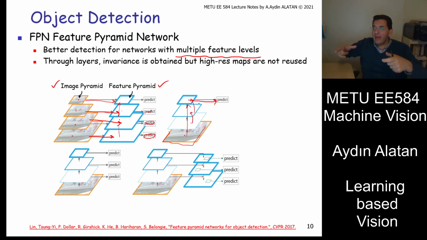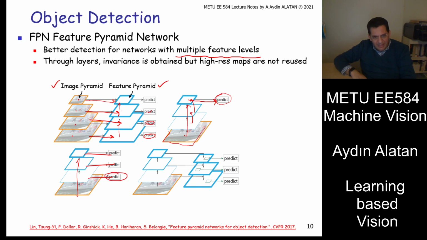Therefore, feature space information is propagated through this feature pyramid. And at the end, maybe you are making a prediction, which is a very reliable prediction because we have the invariance at the top. Here, this is a third technique people typically use. You can do this, but in the meantime, make predictions at each layer. Please note this is relatively good resolution. Therefore, small objects can still be determined.